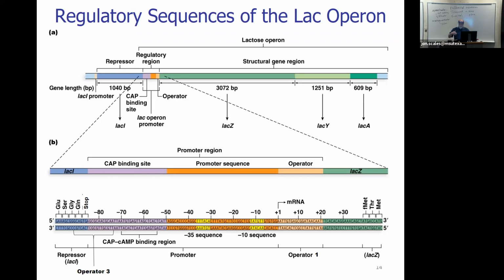Now, if the repressor is released from the DNA, transcription should occur, right? Theoretically, it can. This is not a strong promoter. It's got a couple of mismatches, like it has GT right here instead of AA, and that turns out to be kind of important.